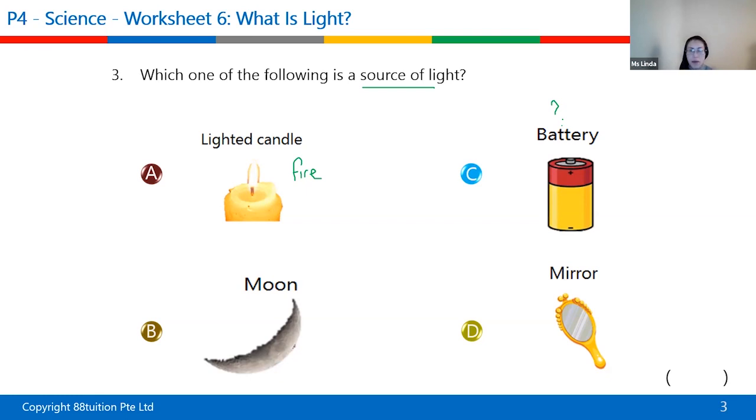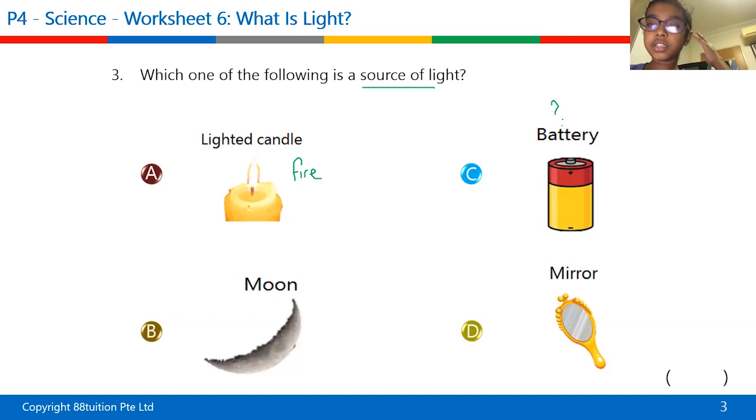No. But if I put a battery in, say, a torchlight, can I get light? Where does the light come from? Yes, Money?